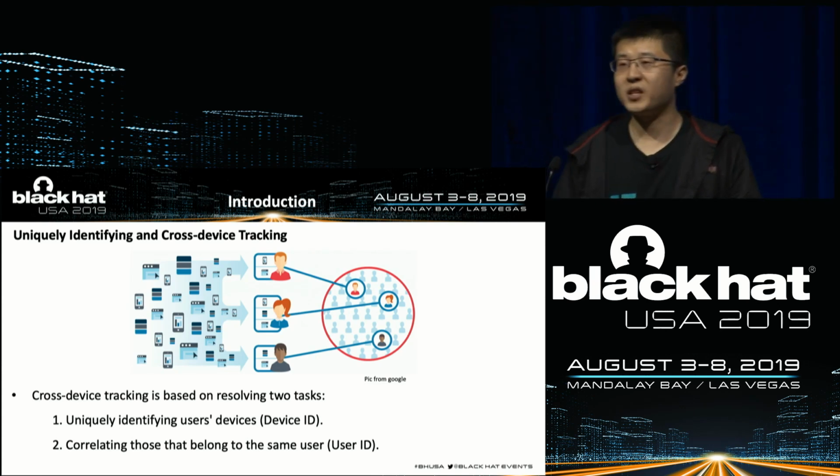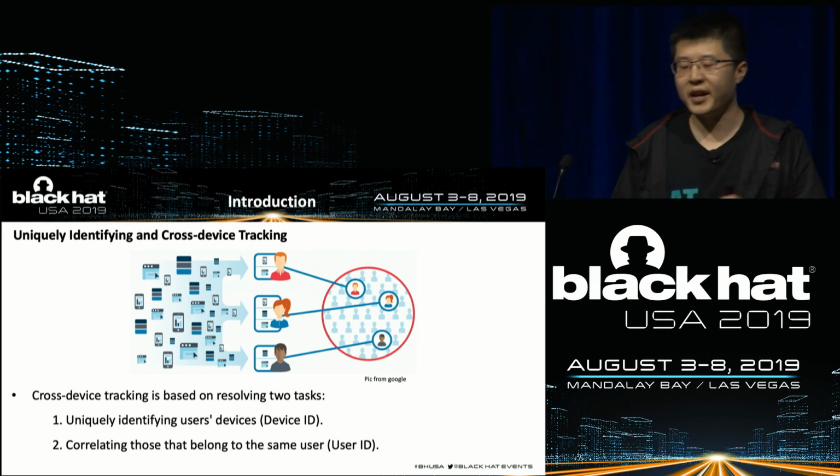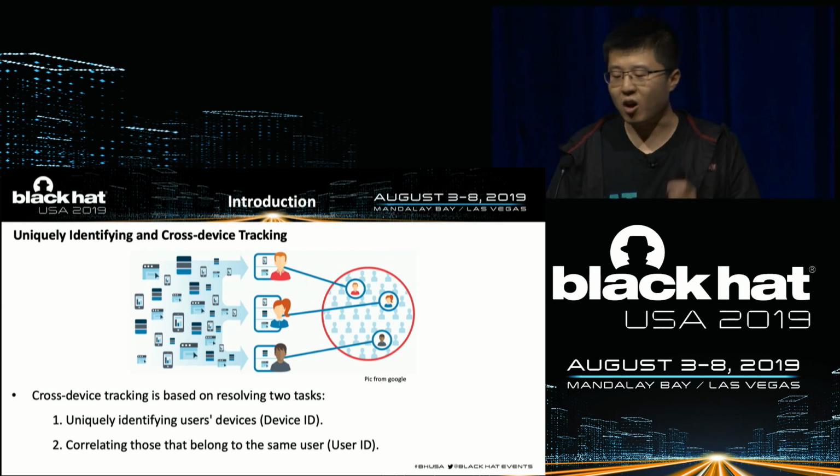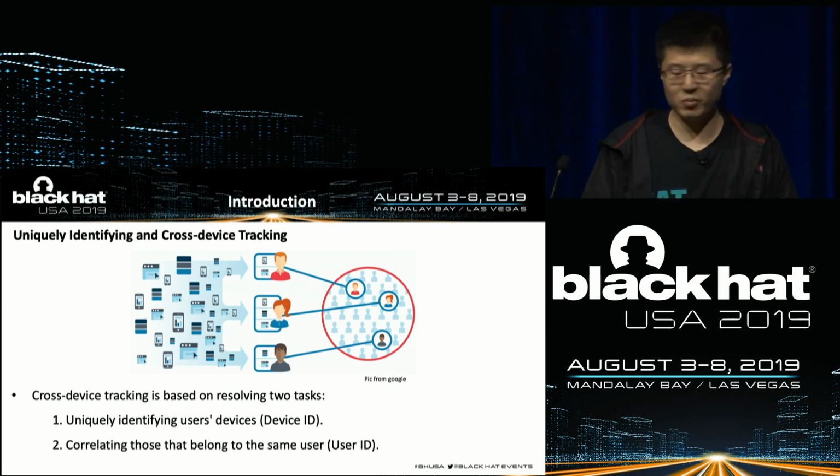Cross-device tracking is based on resolving two tasks. The first one is to uniquely identify users' devices. The second one is correlating those that belong to the same user.